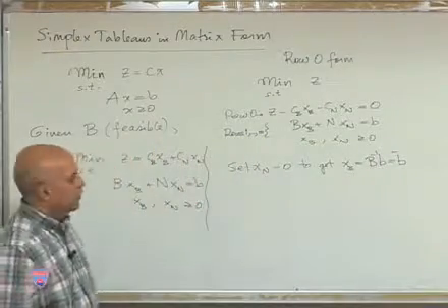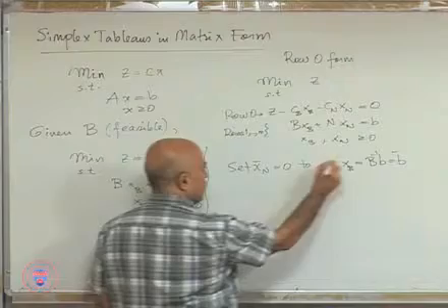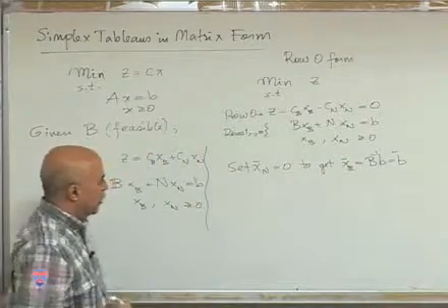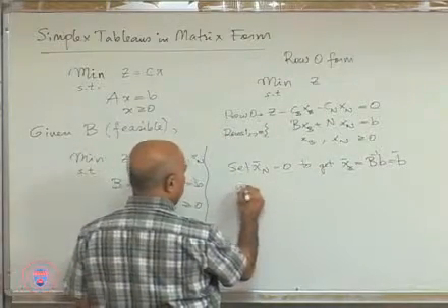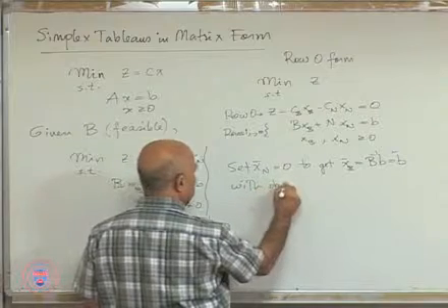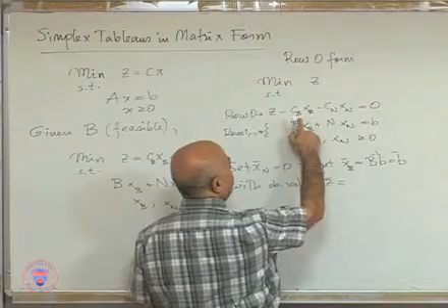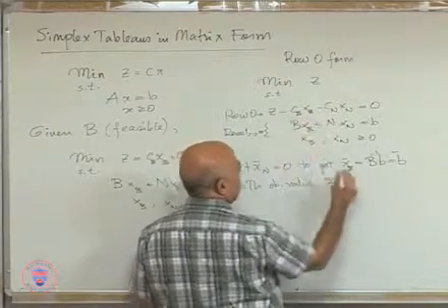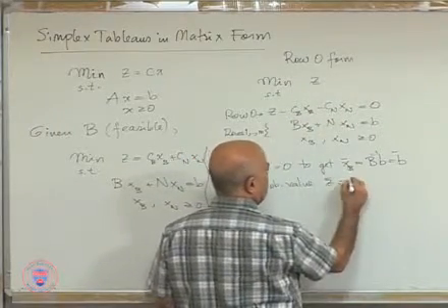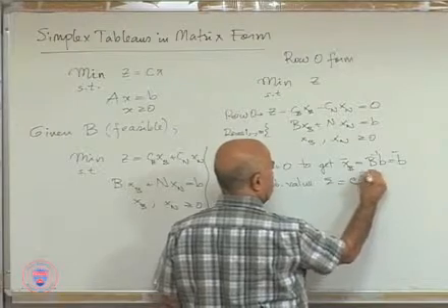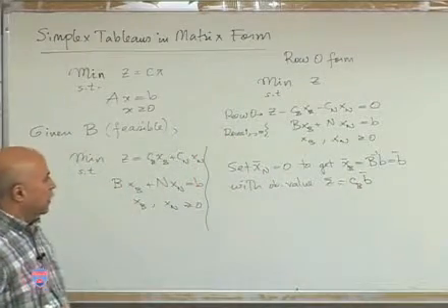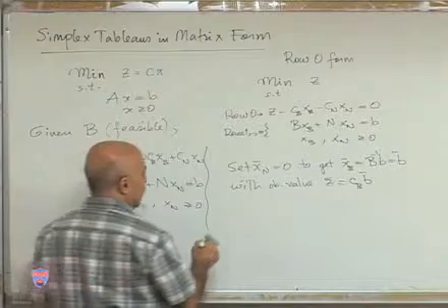Okay, that was the current solution, which I marked with a bar with objective value z bar defined by CB xB, which is CB times b bar. Okay? All right, that's the current solution.